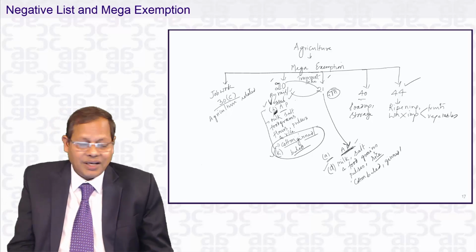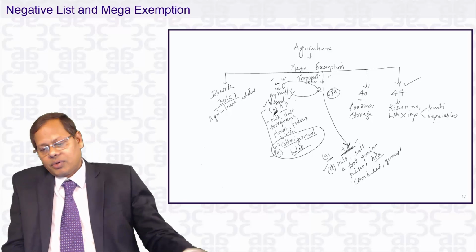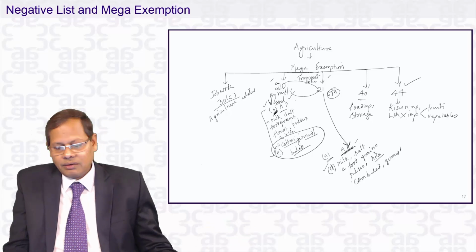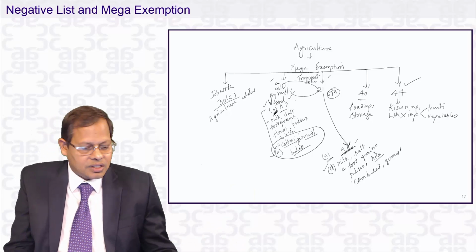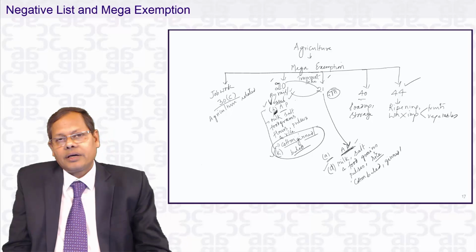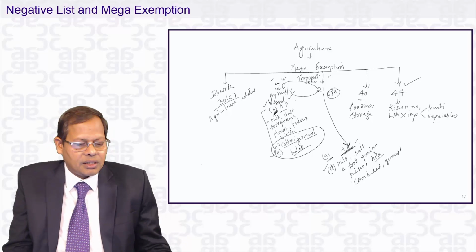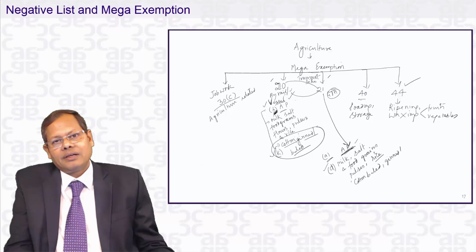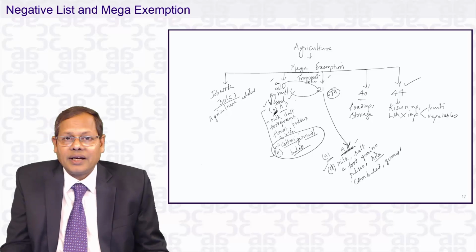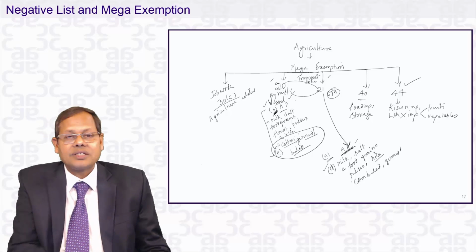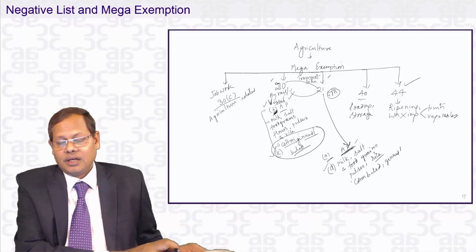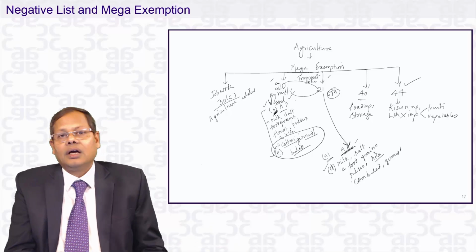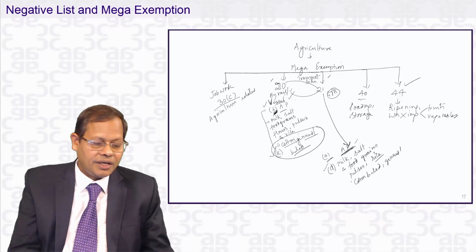And what about entry number 40? So entry number 40 is about loading, unloading, etc. So loading, already agricultural produce, if it is agricultural produce, that is having an advantage, it is under negative list. If it is not under negative list, then you see under entry number 40. Let me read the text of entry number 40.